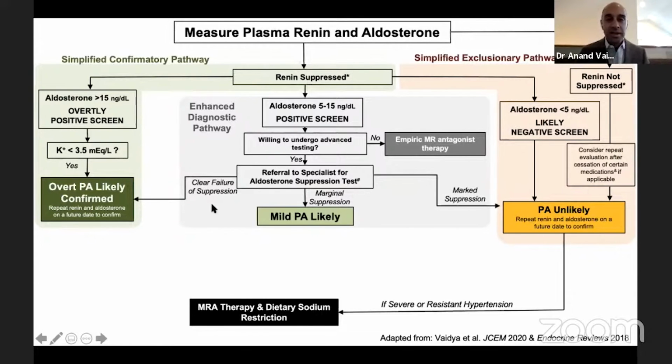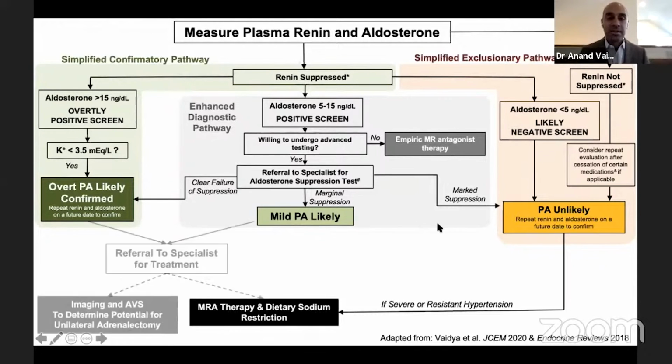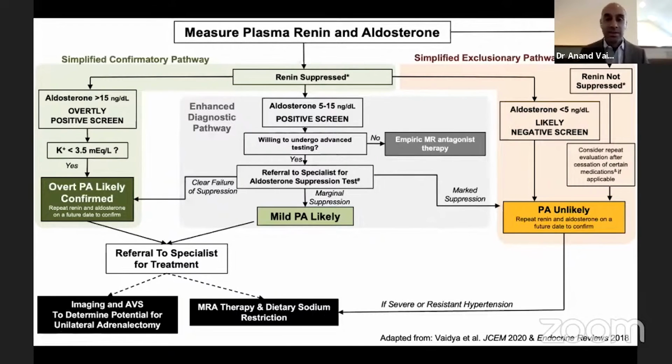But if there's a clear failure or even marginal failure of aldosterone suppression, you have diagnosed either mild or severe primary aldosteronism, which can then be localized and treated. So you have as many options as you want here, from empirically treating with an MR antagonist to going all the way to find surgically curable disease. But whatever your philosophical practice or your patient's needs, you should be able to diagnose and treat them here with one of many approaches.